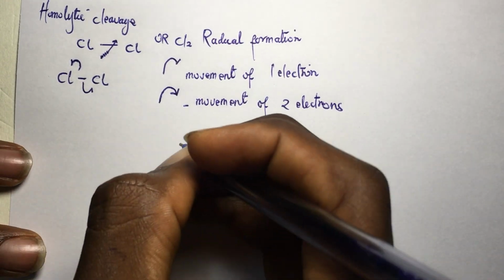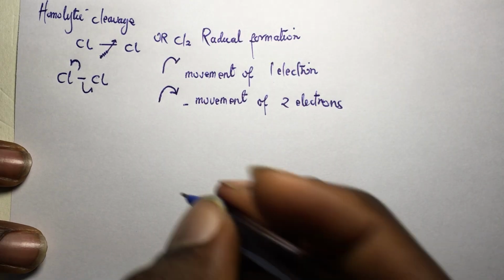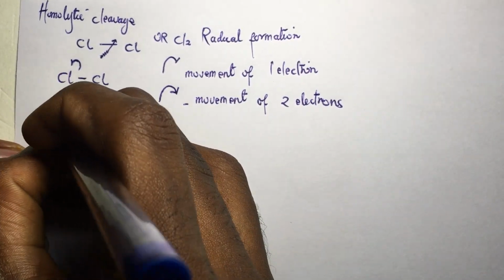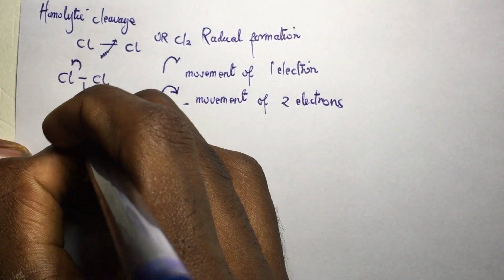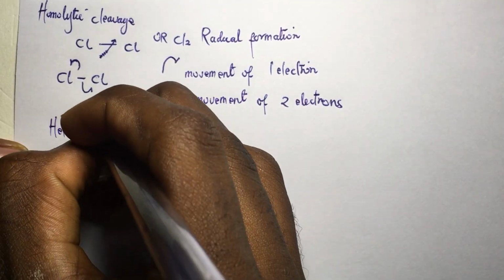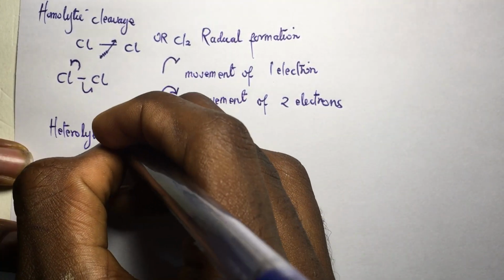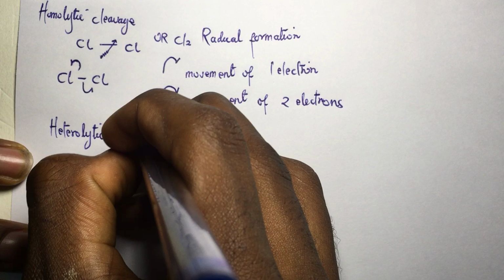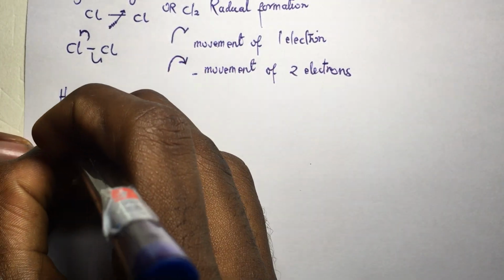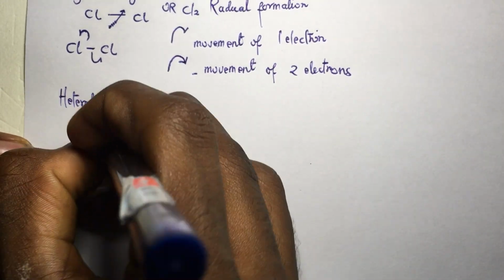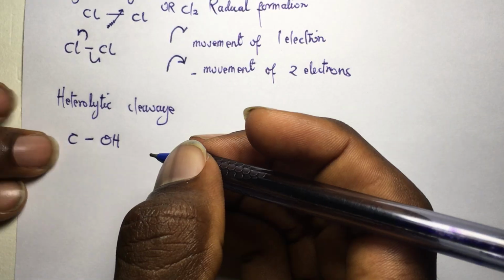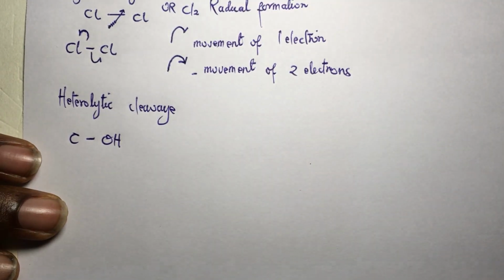For instance, if you have carbon bonded to oxygen, or an OH group, and you are breaking the bond between carbon and oxygen, oxygen has a higher electronegativity.